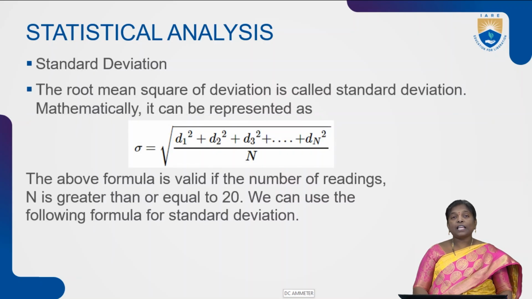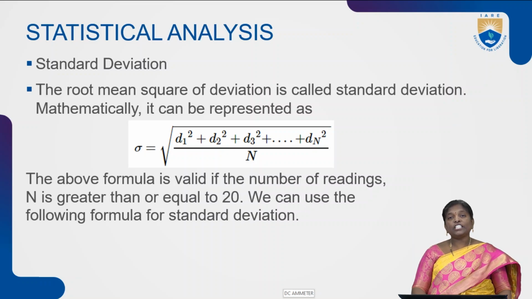Next one is standard deviation. In this standard deviation, we have two different parameters. The standard deviation, while we are calculating for more than 20 readings or less than 20 readings.